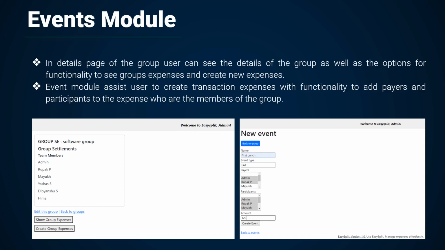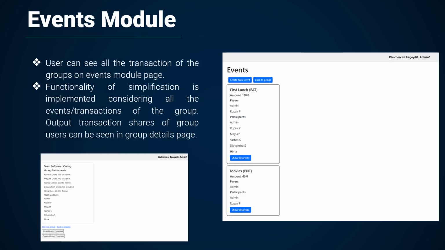We also have a page where the user can see the list of all the events or transactions corresponding to that group. You can see in the right image, we have a list of all events corresponding to a particular group with details such as payers, participants, and the amount with the name of the event.